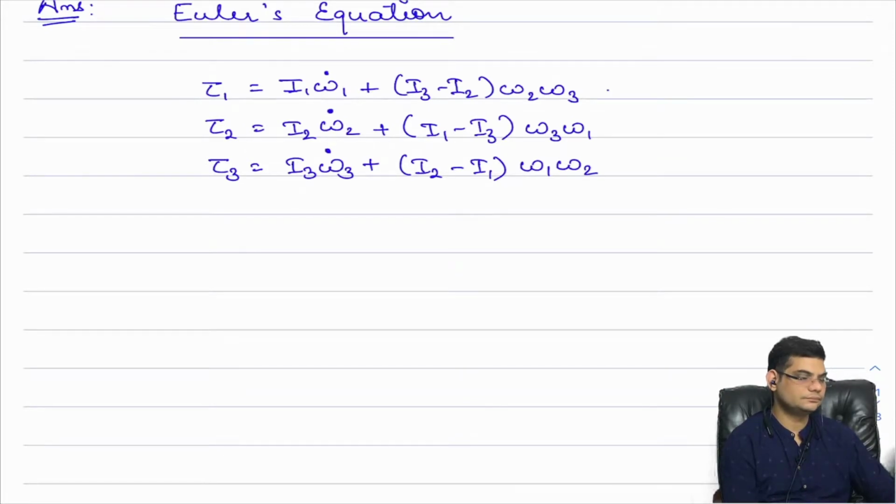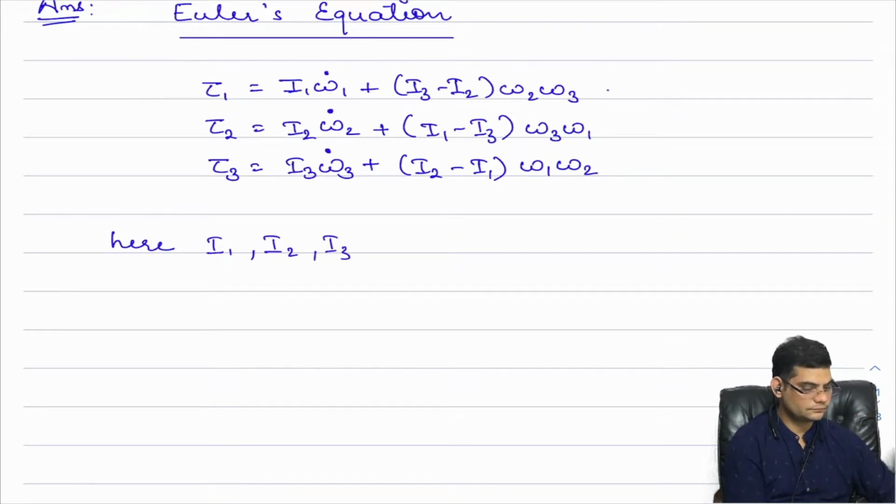Here I1, I2 and I3 are principal moments of inertia.